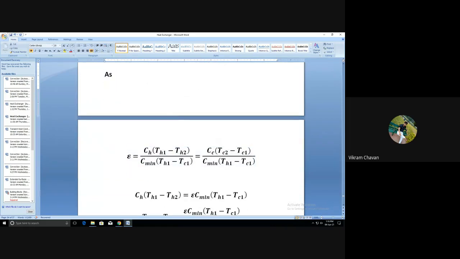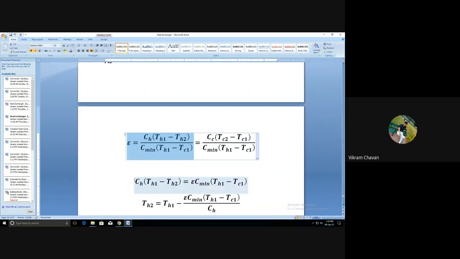Now further, we know the effectiveness formula: effectiveness is equal to Ch inside bracket Th1 minus Th2 whole divided by Cmin inside bracket Th1 minus Tc1, and that will be equal to Cc inside bracket Tc2 minus Tc1 whole divided by Cmin inside bracket Th1 minus Tc1. From the first part of the equation we can write Ch inside bracket Th1 minus Th2 equal to η, that is effectiveness, multiplied by Cmin multiplied by Th1 minus Tc1.